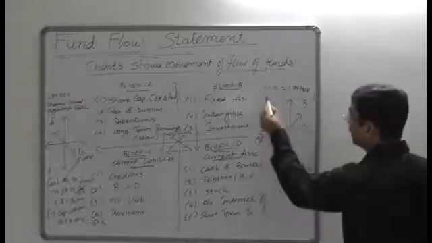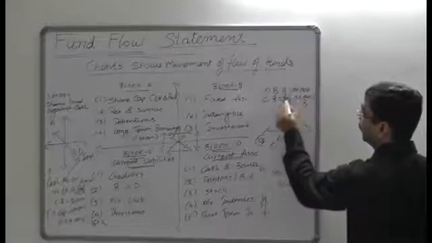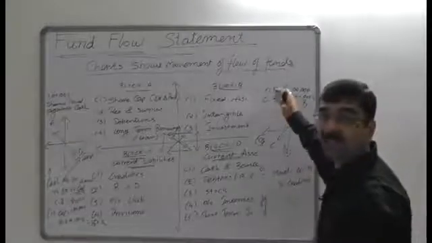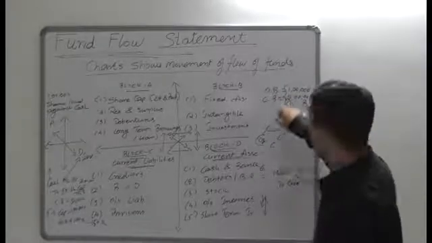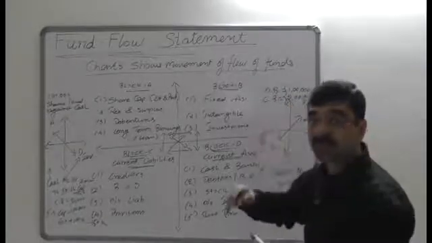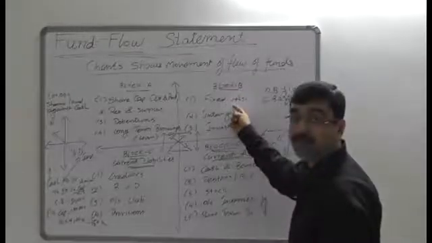So now your closing balance of machinery is 2 lakh rupees. The value has changed between opening and closing balance. Here the fixed assets increased in block B.